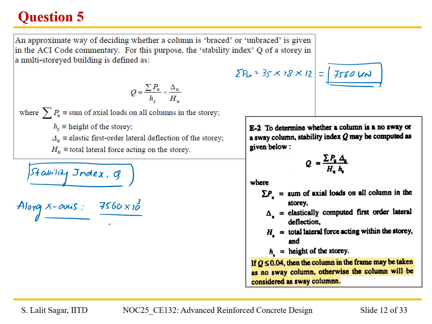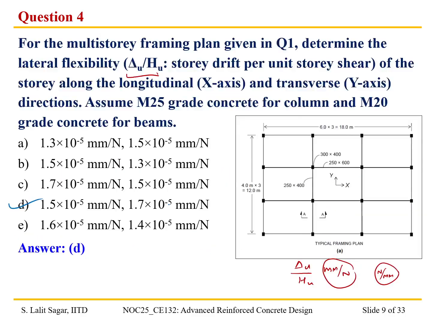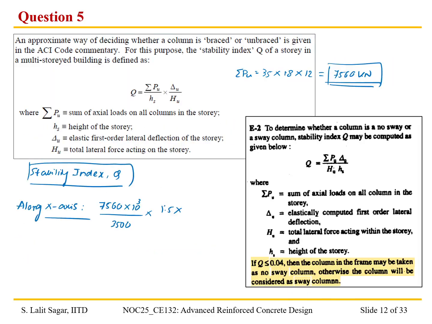HS is the story height, that is 3500, multiplied by delta u by hu along the x-axis, that is 1.5 into 10 to the power minus 5. Let us keep the value here, Qx, and box it.